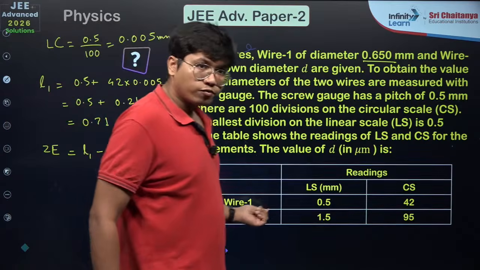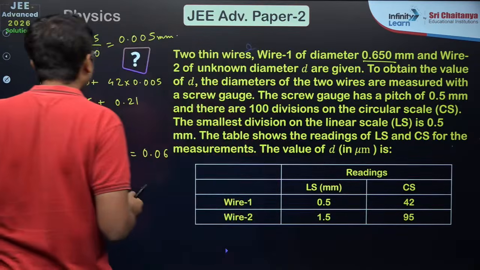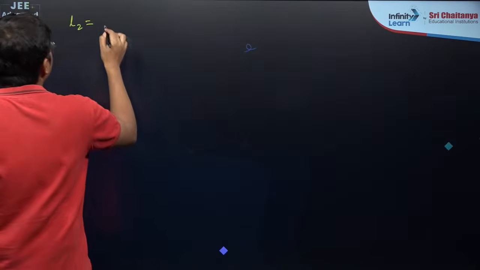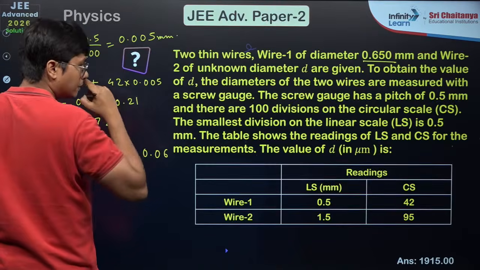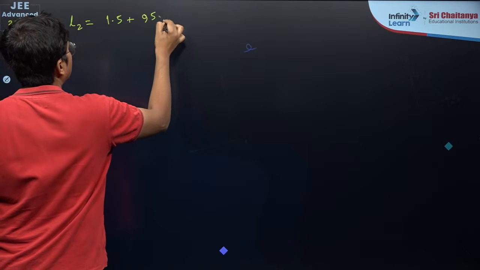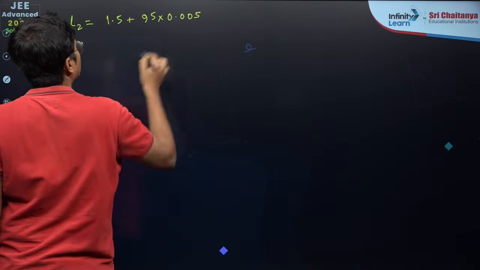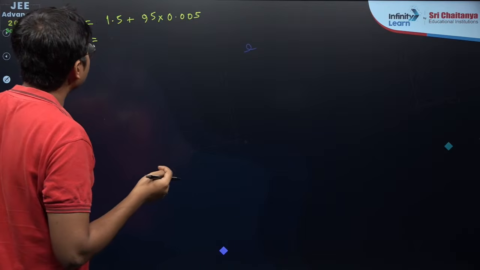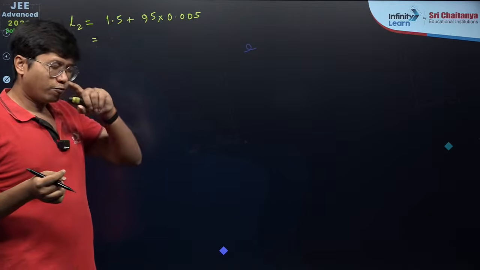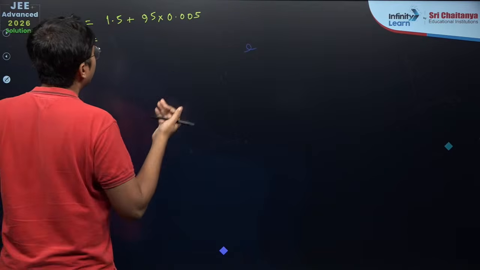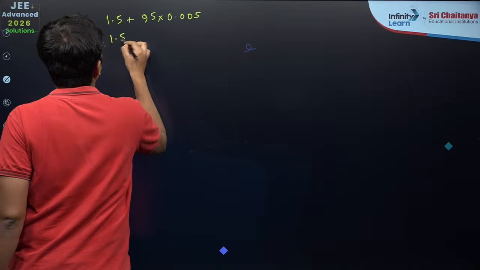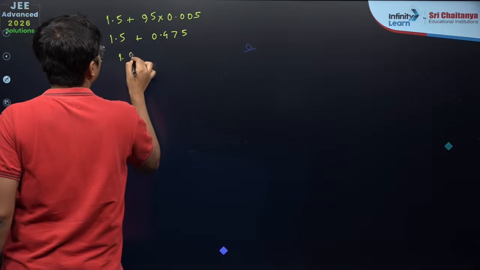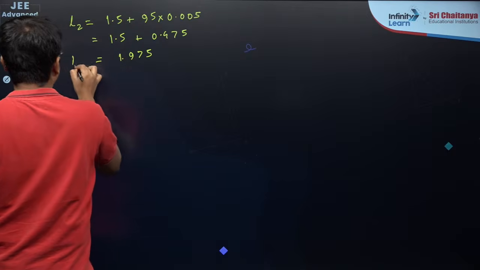Now let's look at the case 2 for wire 2. For wire 2, what is my reading that comes? That is 1.5 plus 95 multiplied with 0.005. 95 multiplied with 0.005 is basically 0.475, which makes it 1.975. This is L2.